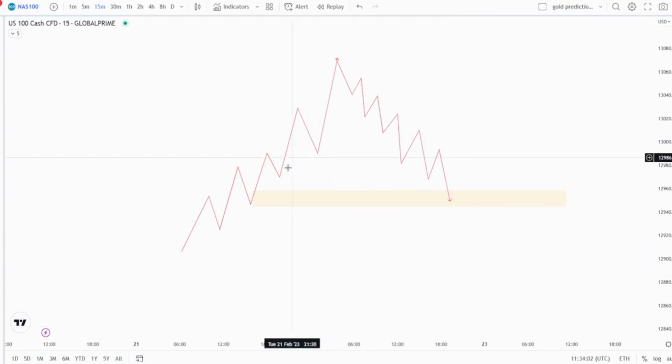So that's what we're going to be looking for. Whenever we have a POI that is either a continuation or a reversal POI, we want to see something very obvious that we can start to add more confluence to our POI with. Now, what is that, I hear you ask? Well, the first thing we need to do is determine what kind of order flow we have coming into this area.